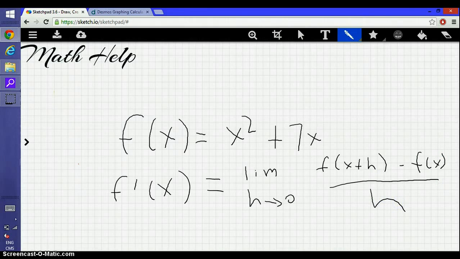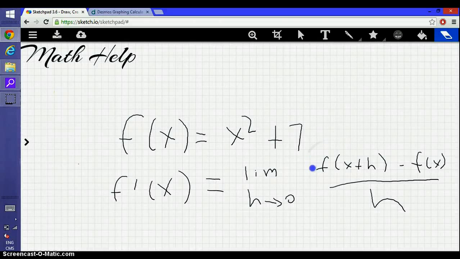over h. So what we have to do in this case is, actually let's change this equation a bit to make it easier. We'll do x squared plus 7. So let's solve for the first part.